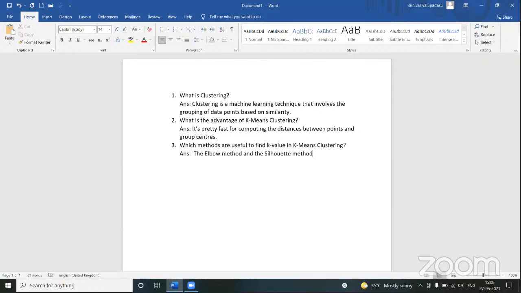These two methods we use to find K value in K-means clustering.